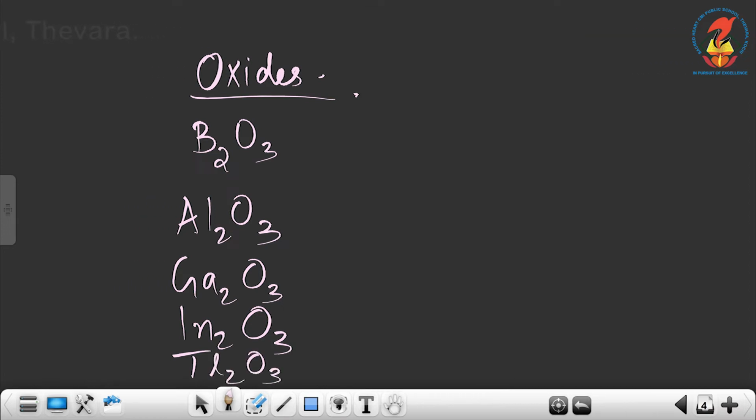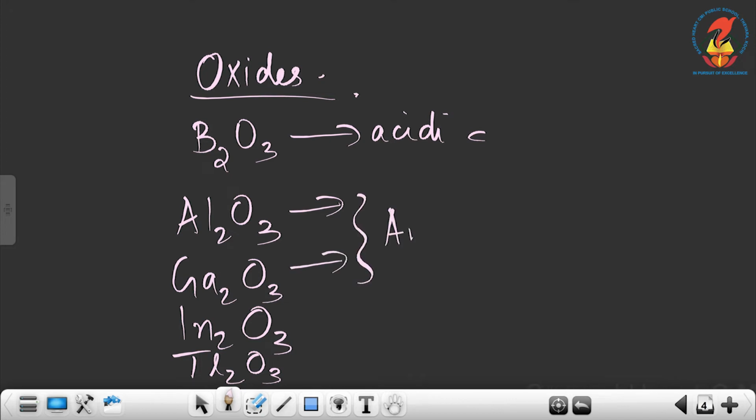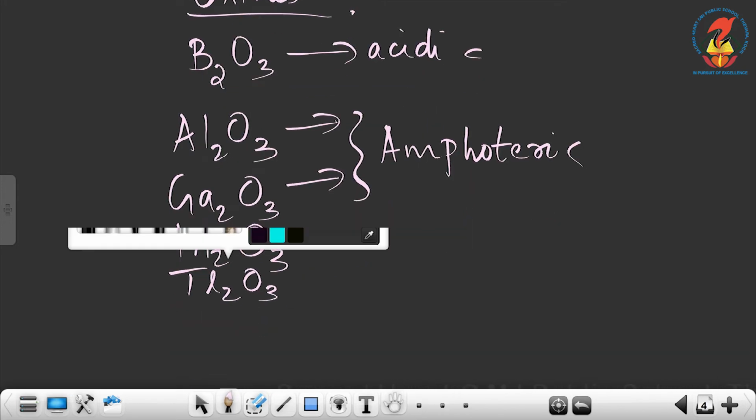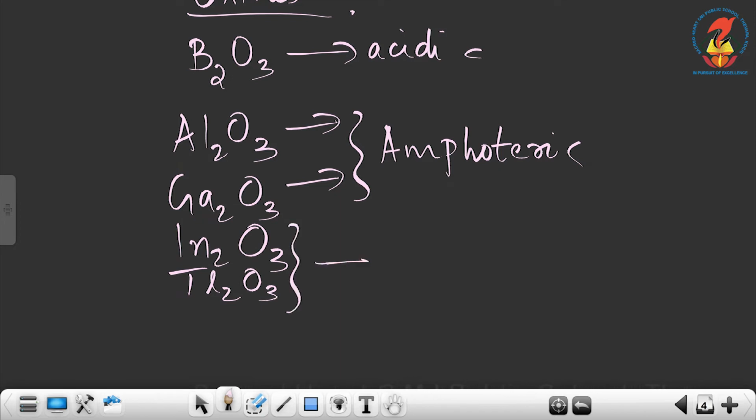Out of these, B2O3 is acidic in nature, Al2O3 and Ga2O3 both are amphoteric in nature, and indium oxide and thallium oxide, these two are basic in nature.